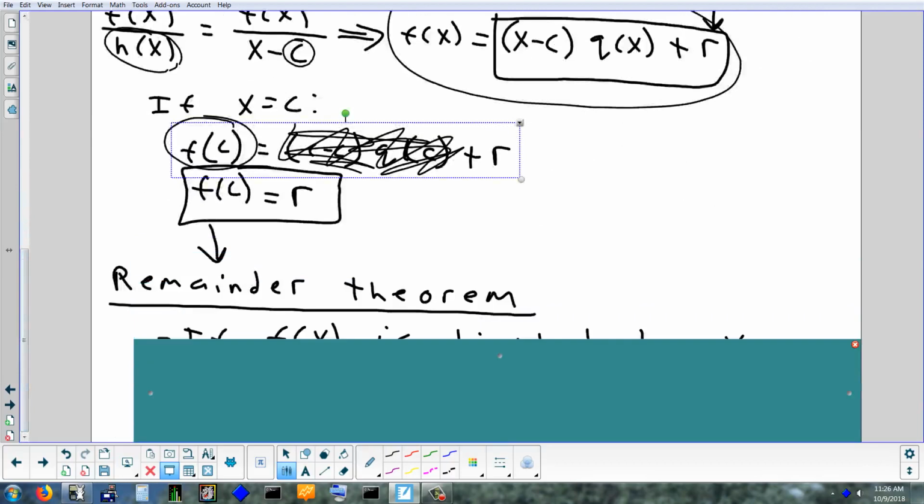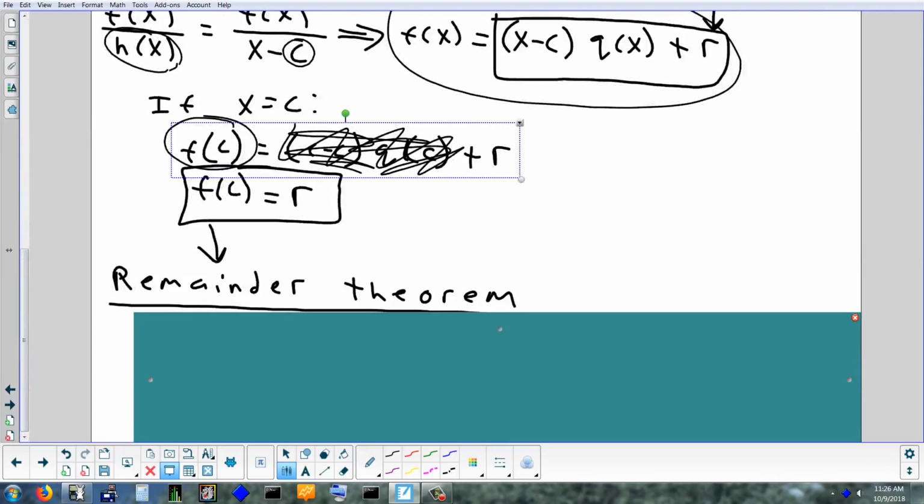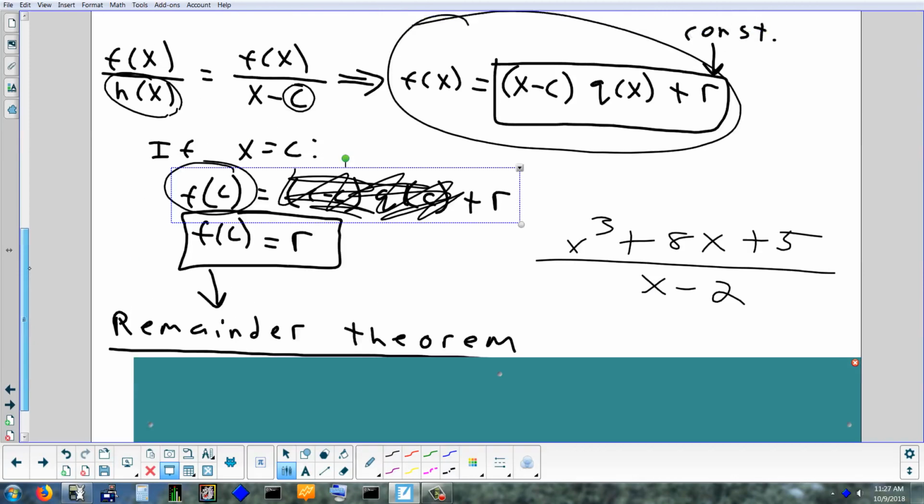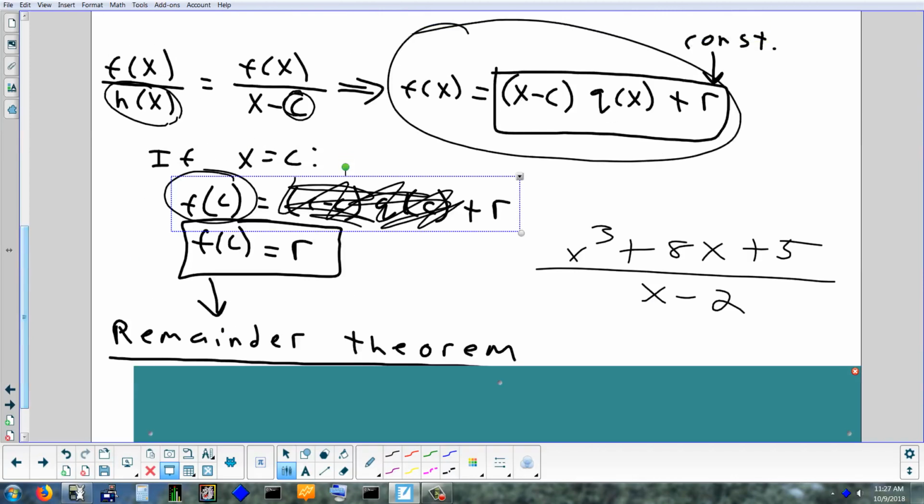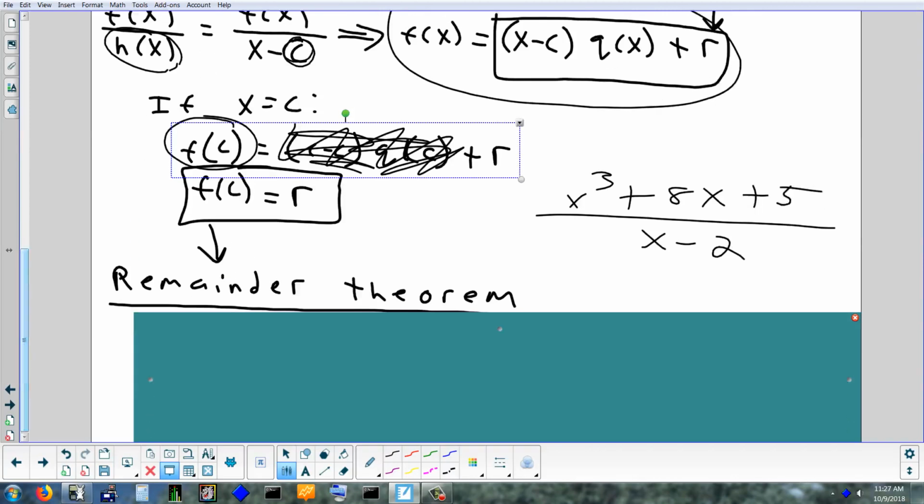Right? So here's a formula that says, let's say you took this problem and you divided by x minus 2. If you want me to tell you what the remainder is when I do that whole thing out, I can do it all out using long division, or I can just take the number that's after the minus sign, which is 2, plug it into the original problem in the top, and that's the remainder.